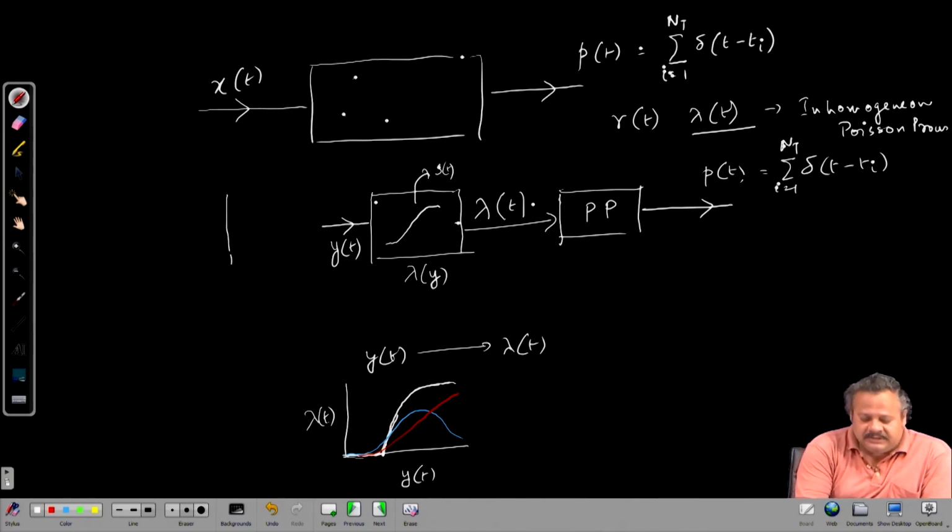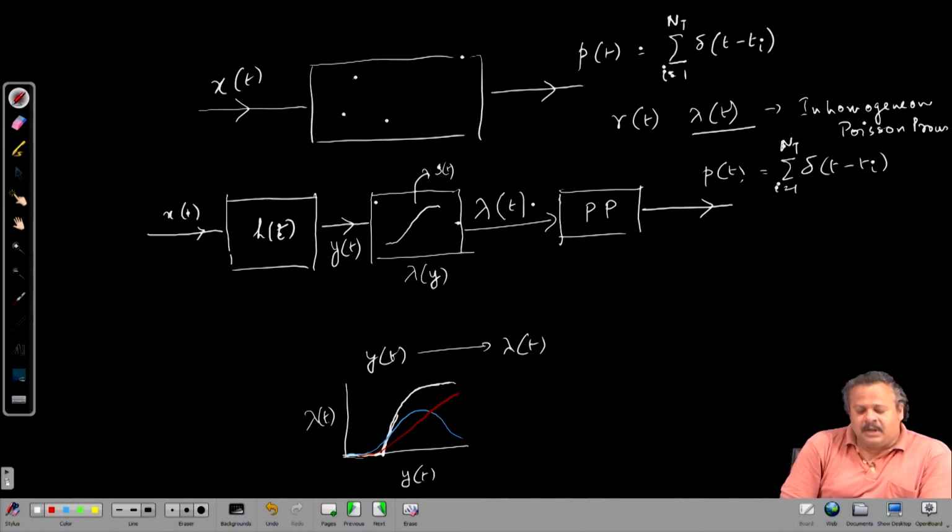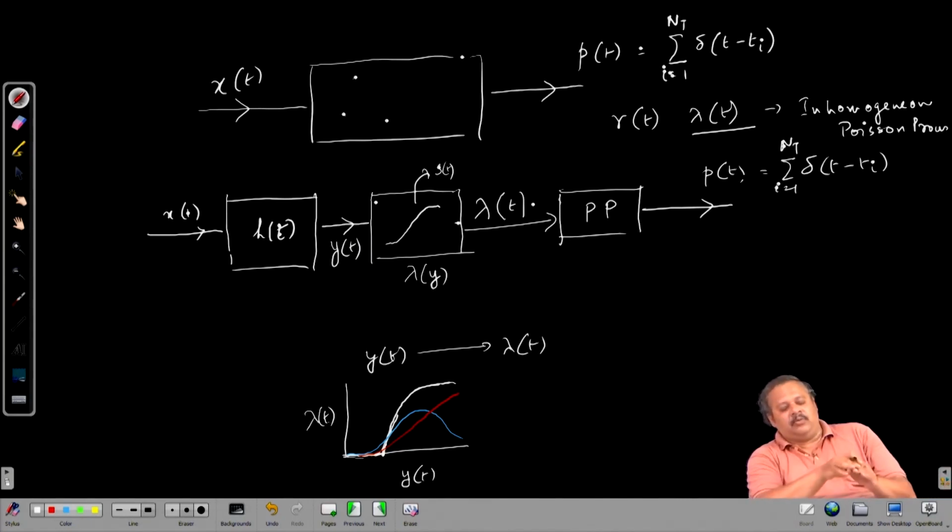So, this here is preceded by a box which we are assuming to be a linear time invariant system that takes xt as input and convolves it with the impulse response, which, let us say, produces something that is akin to the membrane potential of the neuron, which is then passing through a static nonlinearity, which is generating the probability of spikes, that is the rate of spikes lambda t, which is driving the point process.